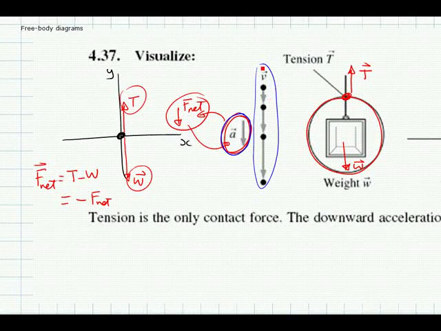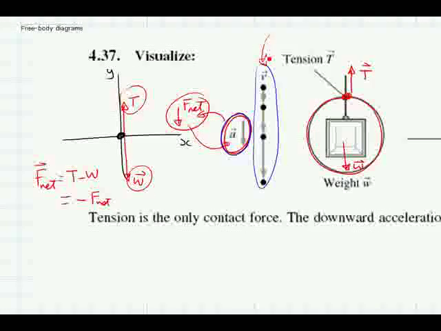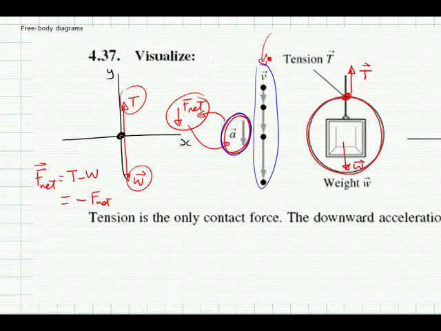So do pay attention, if the problem gives you a motion diagram and the acceleration vector, then that's the direction in which you want to end up with your net force pointing.